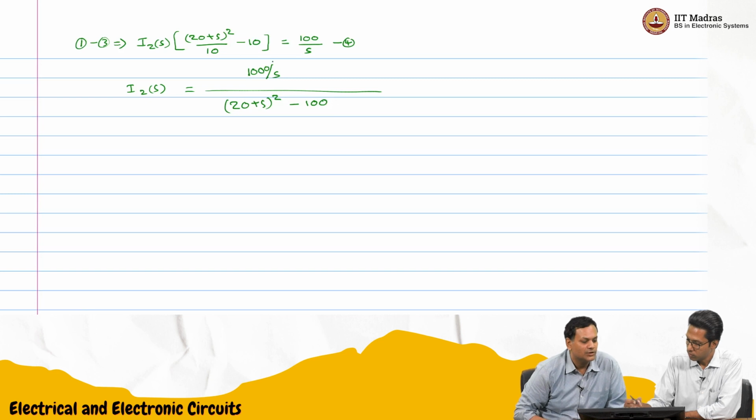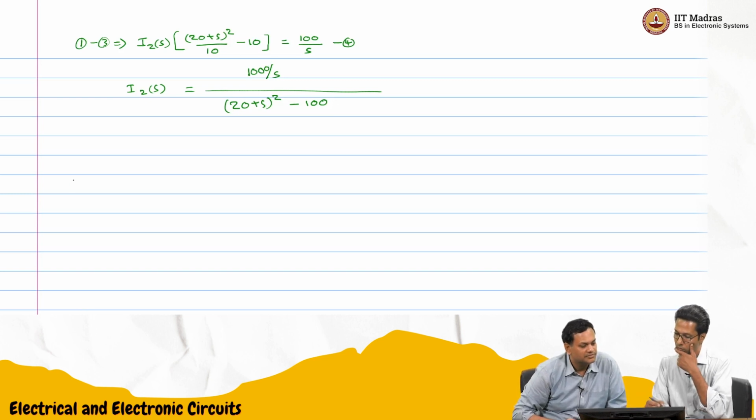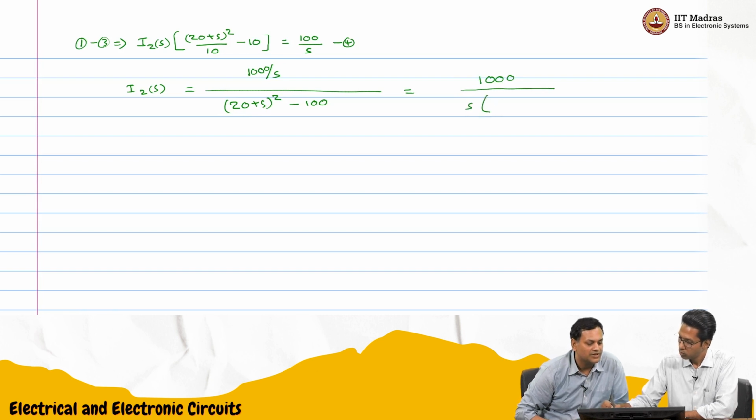You can also write there as 1000 by S. So this is 1000 by S into S squared plus 40S plus 300, because 400 minus 100.